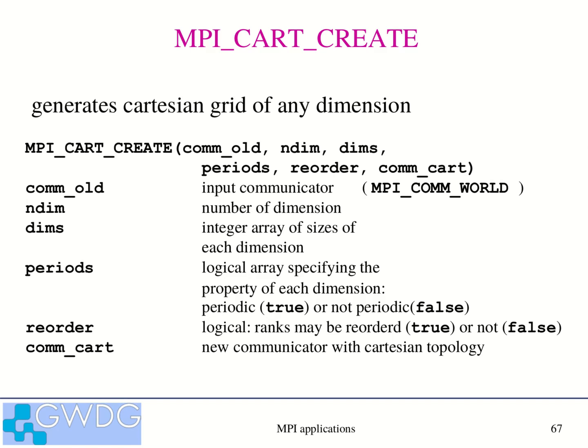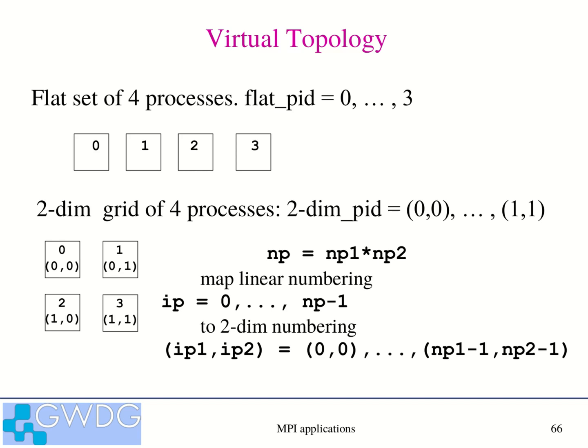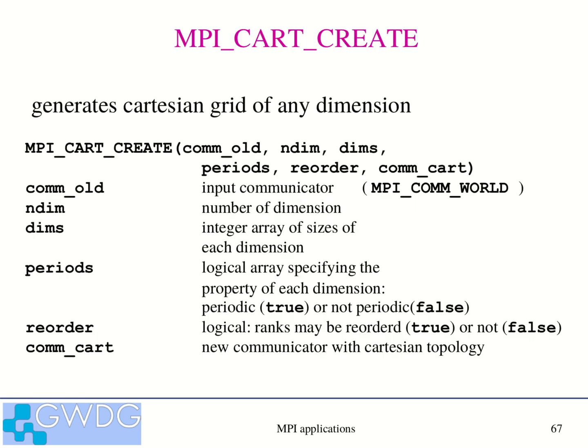And you have an argument reorder, which allows the ranks to be reordered. It means that you don't necessarily need to have 0 going to 0,0 and 1 to 1,0, but can have a reordering according to the physical placement of the cores, for example. Then you have to give a name for the new communicator which has the Cartesian topology.